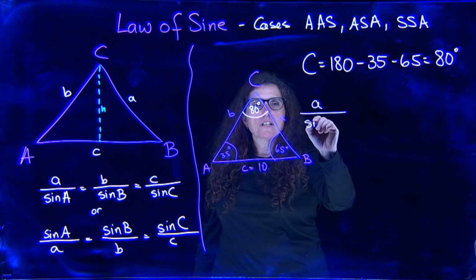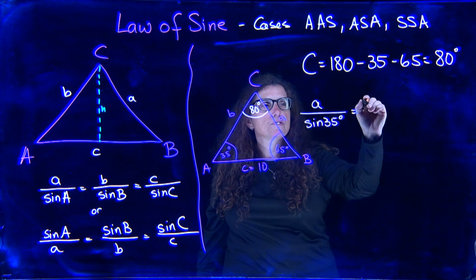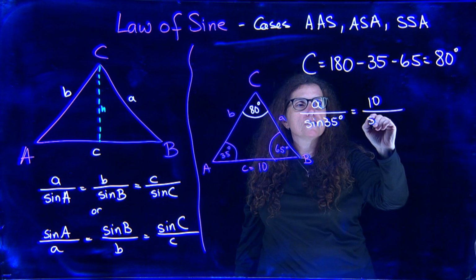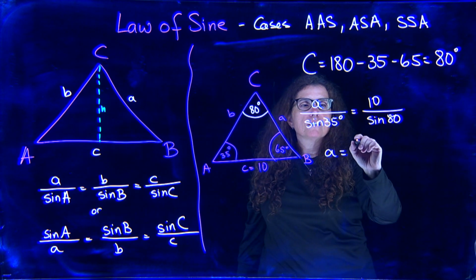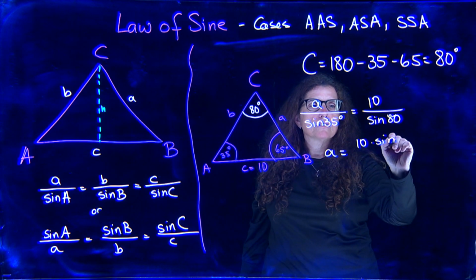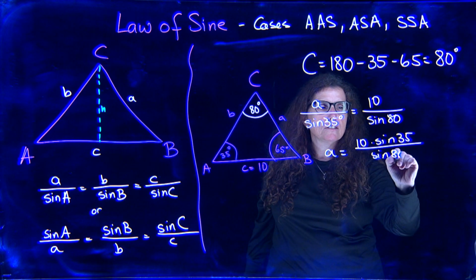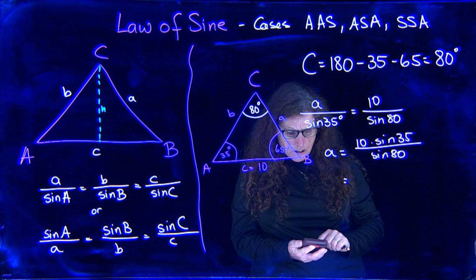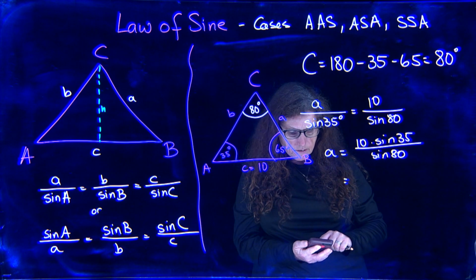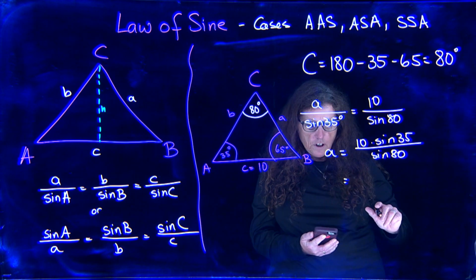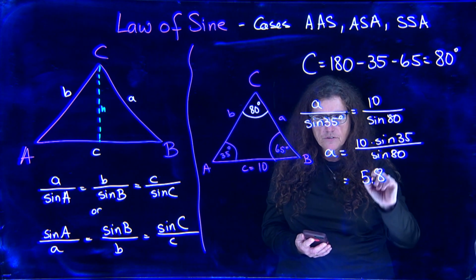A over the sine of 35 degrees is equal to C, 10 over the sine of 80. That means A is 10 times sine 35 over sine of 80, times 10 divided by the, not cosine, by the sine of 80, and I get 5.82, so 5.8 units.